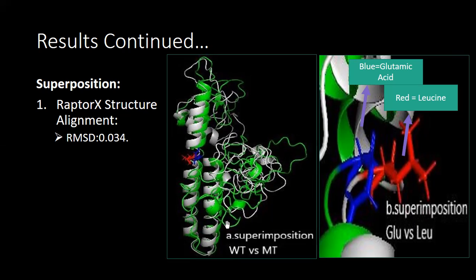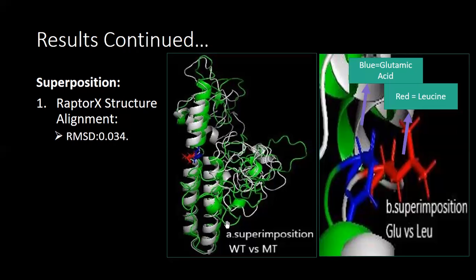Positions 71 up to 78 are the active site amino acids of this protein. So 74 is already involved in the active site. Due to this mutation, it gave abnormal protein formation to this gene.